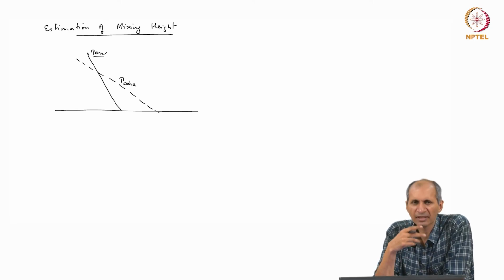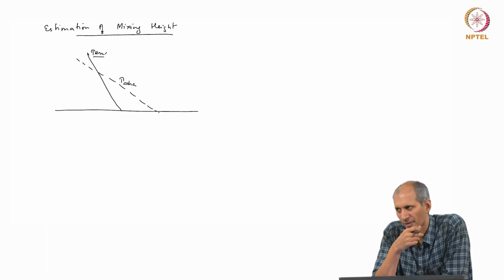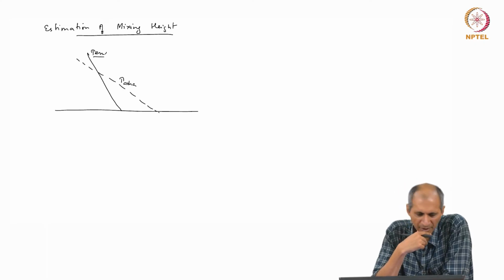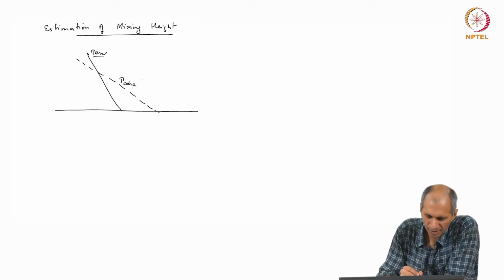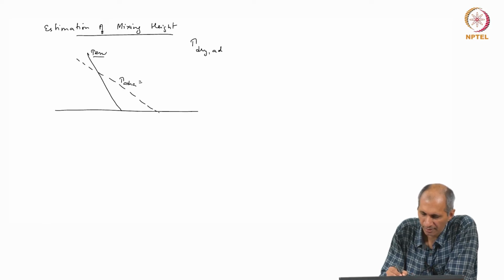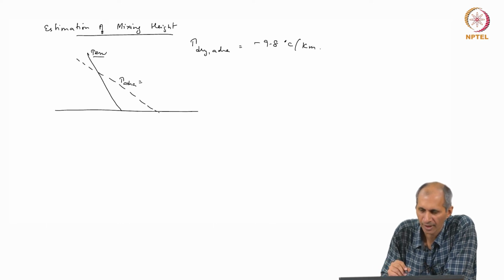And so there is a seasonal record of it in a given location. So people have this kind of information. The dry adiabatic lapse rate, of course, is a fixed thing. We said that it is minus 9.8 degrees centigrade per kilometer. This is the theoretical number.